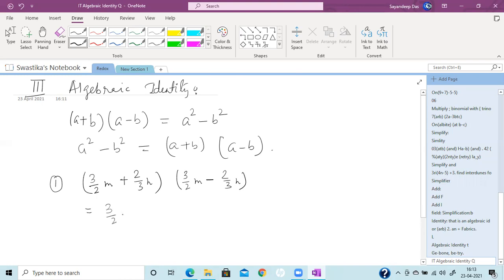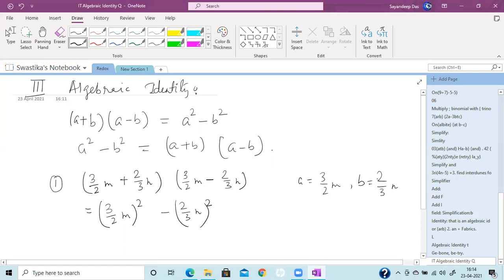So directly you can write this is equal to a² minus b², (2/3 n)². So here you can see that a is equal to 3/2 m and b is equal to 2/3 n. So this is in the form of (a + b) into (a − b) is equal to a² minus b².